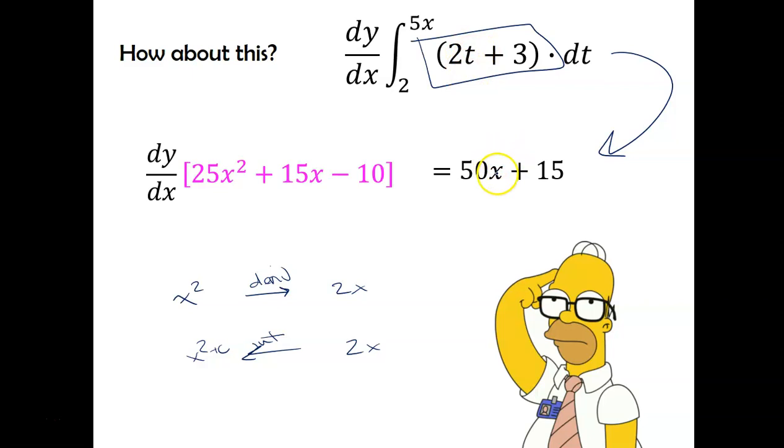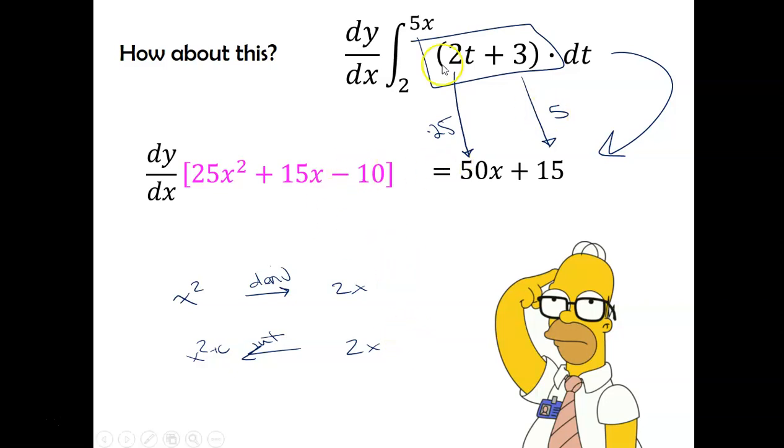Notice here, this is changed by a factor of 25. This is changed by a factor of 5. You can't even take one whole factor out of it. Something's going on here because we know that derivatives and integrals undo each other. That's literally the foundation of the fundamental theorem of calculus.